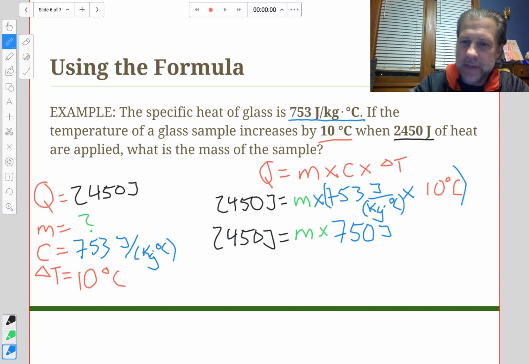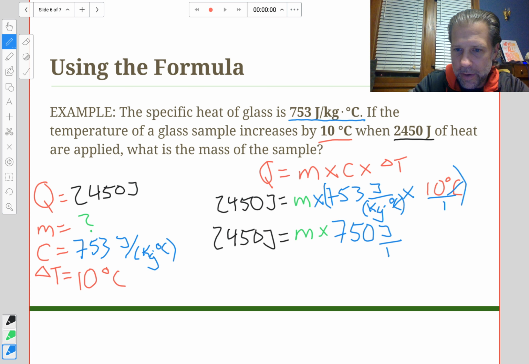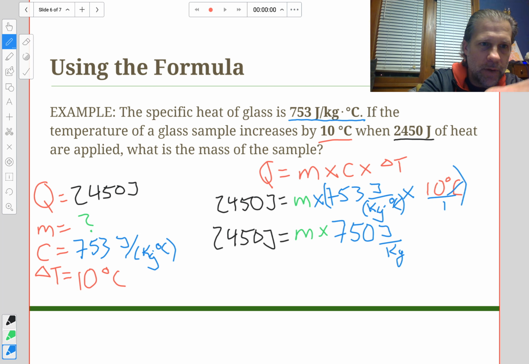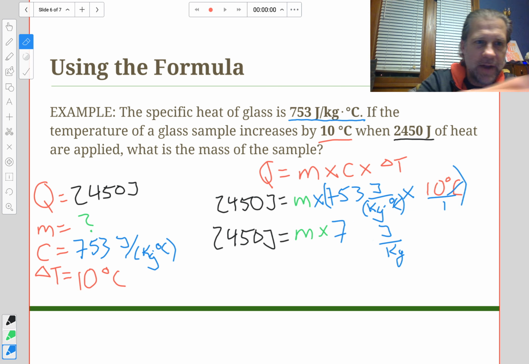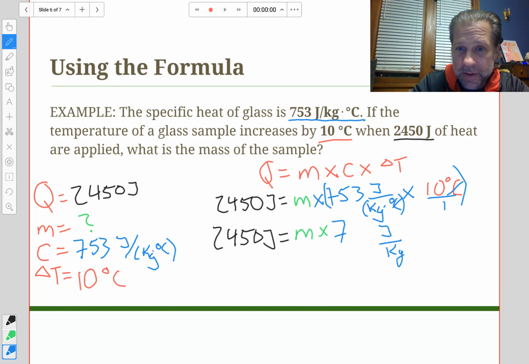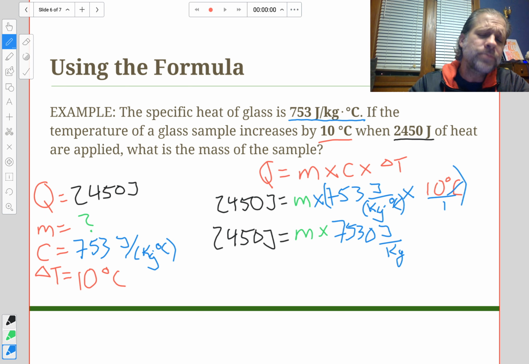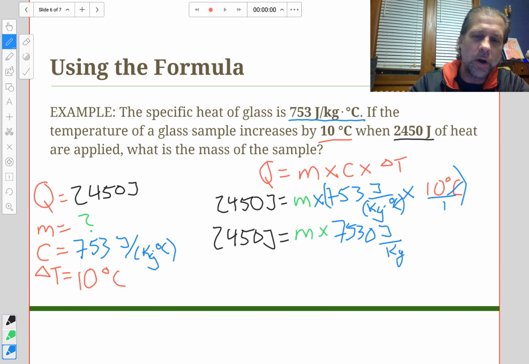Okay, now check this out. Degrees Celsius over here is over 1, so it cancels out. So it's just joules over kilograms. I did not write that very well, so I need to fix this a little bit. It should be 7,530 joules. Now, at this point, I have to solve for the mass.